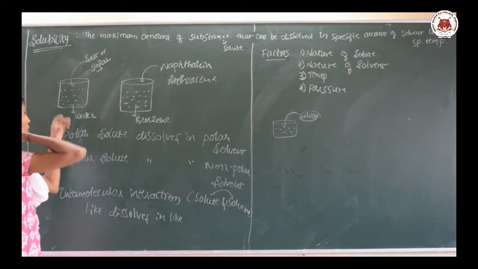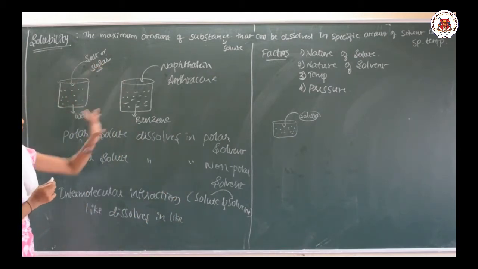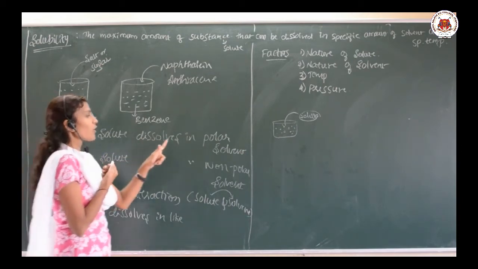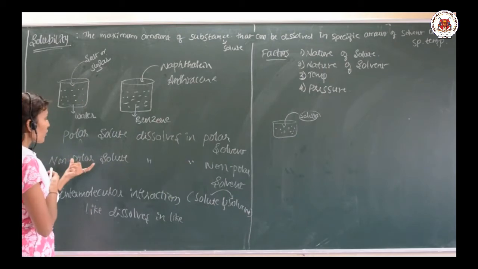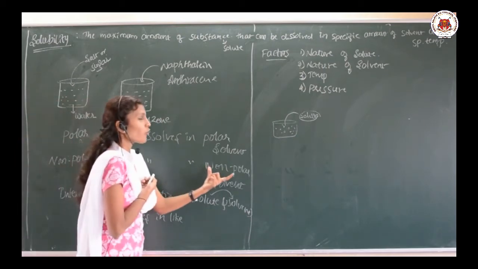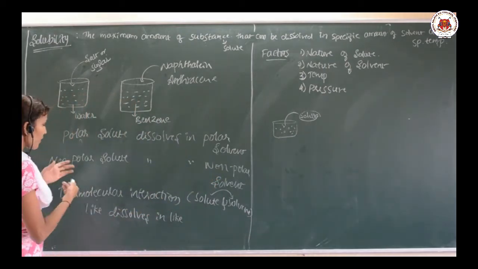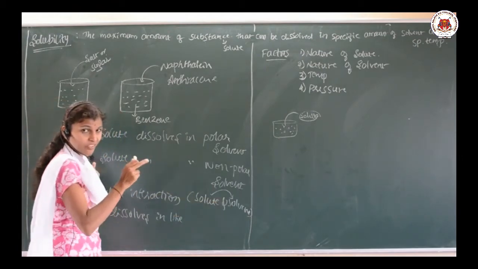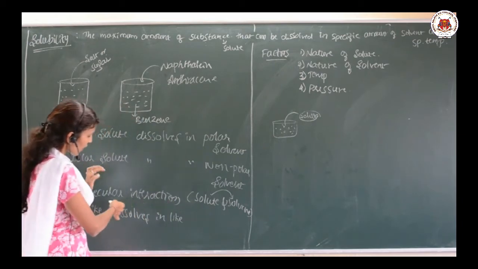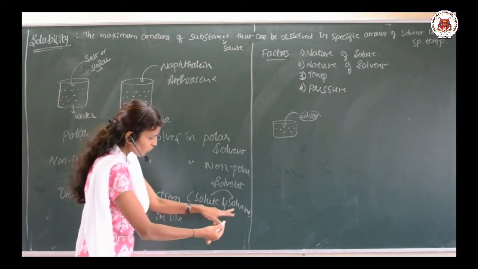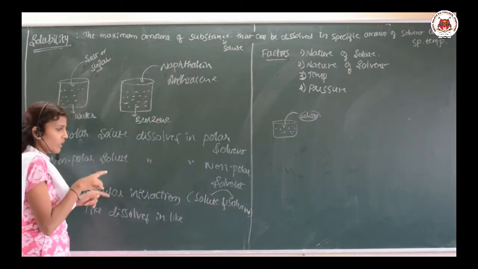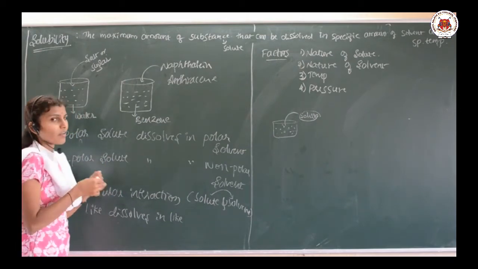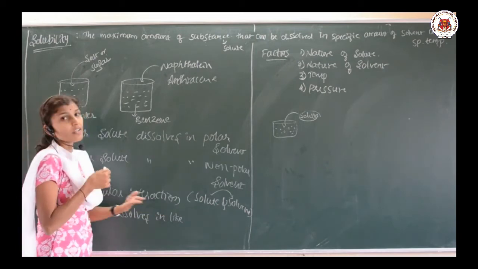Clear? So, all the solutes cannot be dissolved in all the solvents. The polar solute is dissolved in polar solvent and the non-polar solute is dissolved in non-polar solvent. It means when the intermolecular interactions of the solute and solvent are the same, in that case the solute gets dissolved in the solvent.